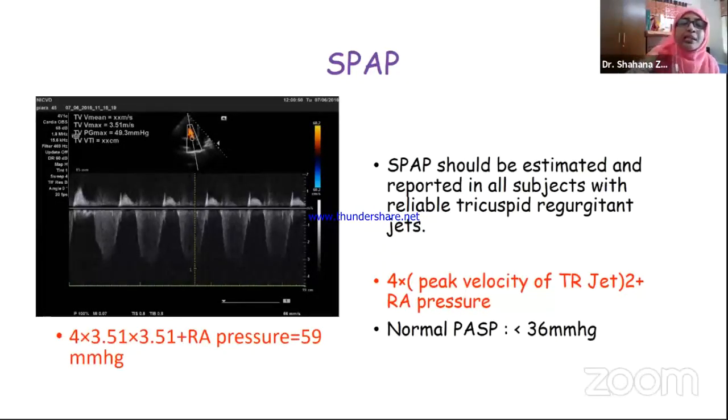The easiest method to assess it is to measure the tricuspid regurgitation jet and use the Bernoulli equation. It should be estimated and reported in all subjects with a reliable tricuspid regurgitation jet: 4 times the peak velocity of the tricuspid regurgitation jet squared plus RA pressure, 4V squared plus RA pressure. Normal pulmonary artery systolic pressure is less than 36 millimeters of mercury.